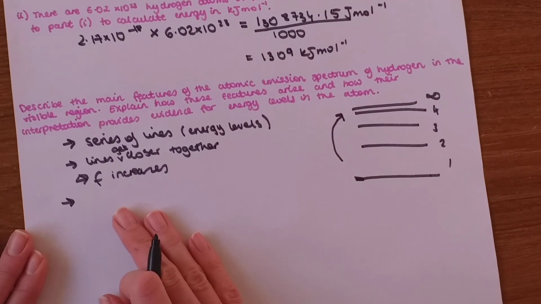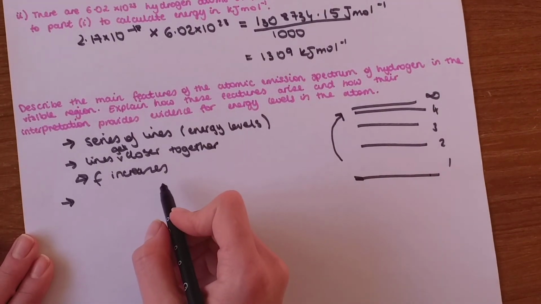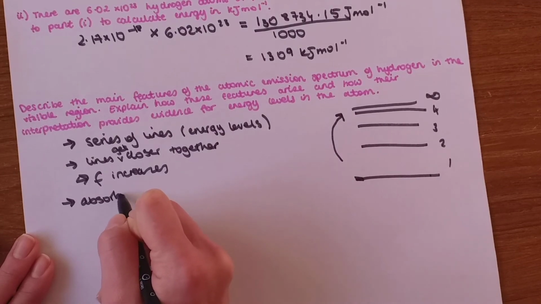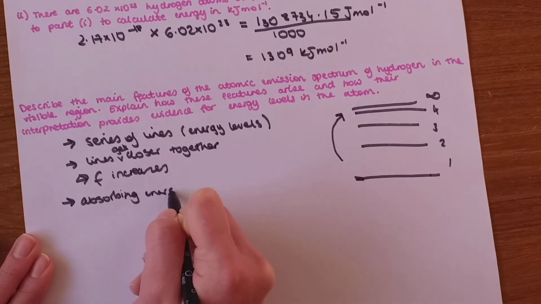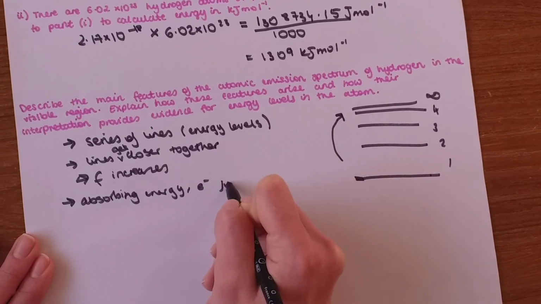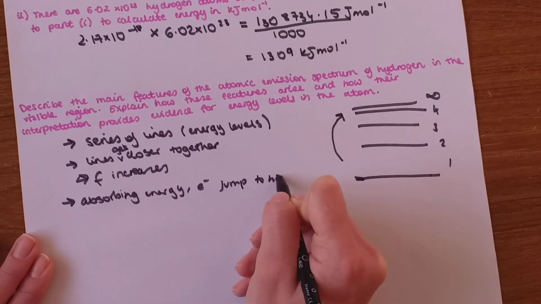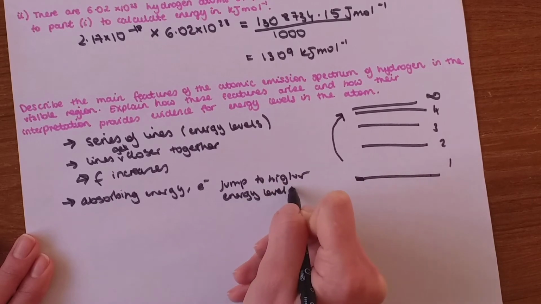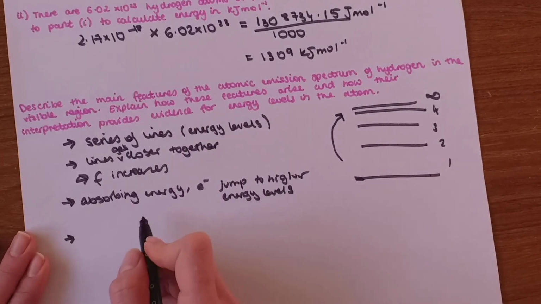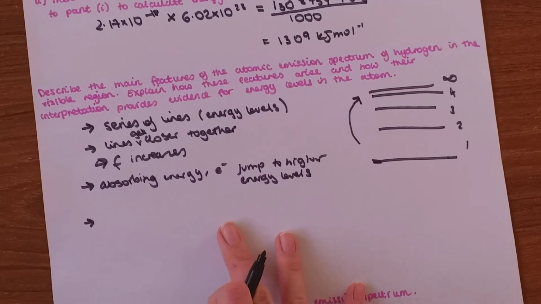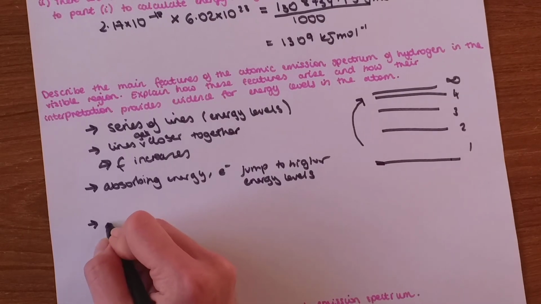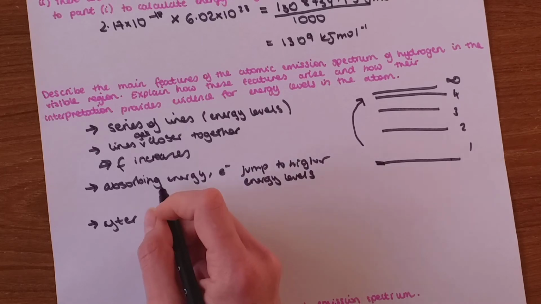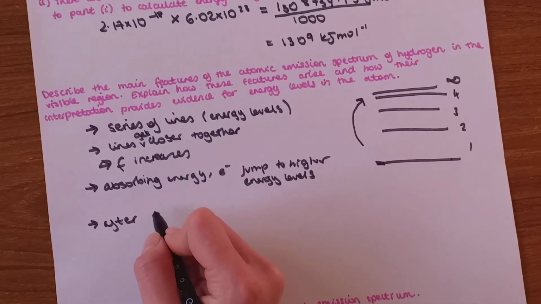We also know that the electrons rise by absorbing energy, and after, if the atom is unstable, the electrons will drop back down.